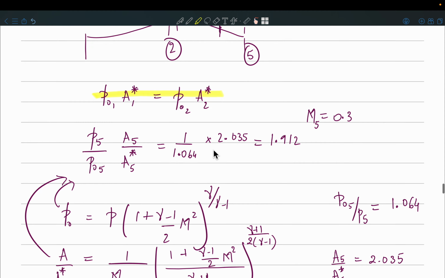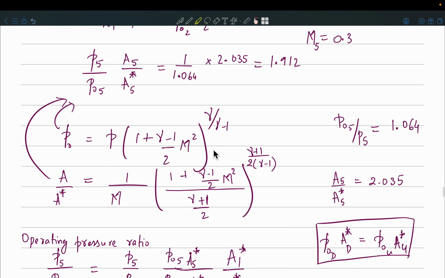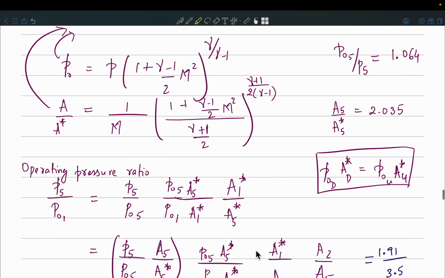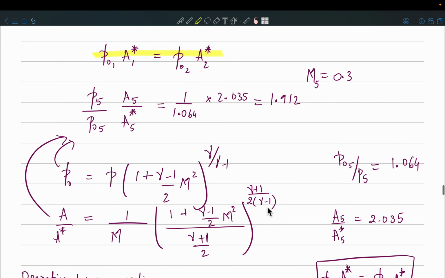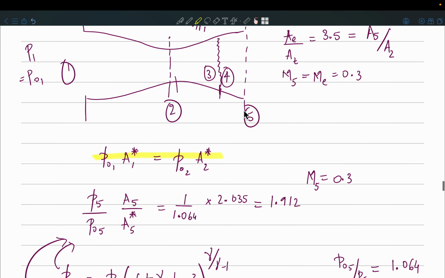And the other thing was to use this cascading concept. You have to do the cascading between the pressure ratios and area ratios. So what did we do? We said that from 4 to 5 it's isentropic flow, so P naught is not going to change, A star is not going to change.